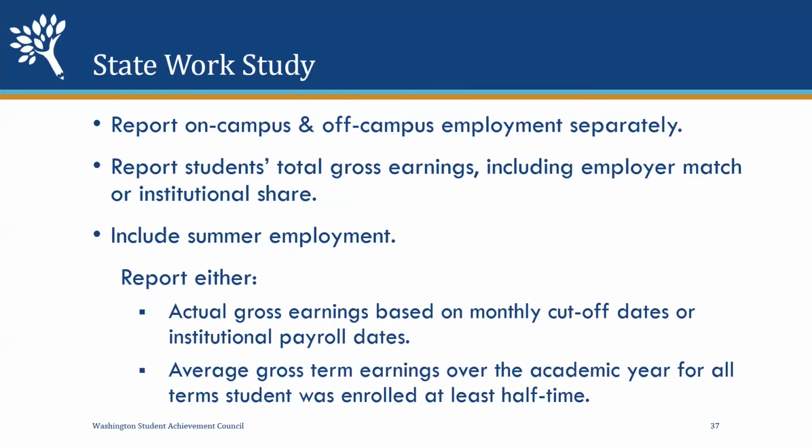So you would still report those grants in the state work study total gross earnings. You want to include summer employment. You report either the actual gross earnings based on the monthly cutoff dates or institutional payroll dates, or the average gross term earnings over the academic year for all terms the student was enrolled half-time.